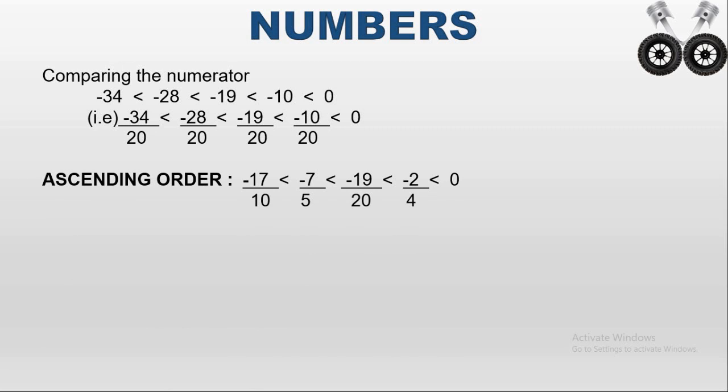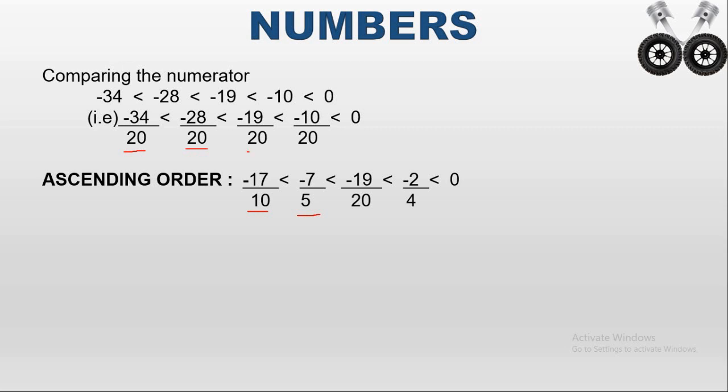So now we can write the ascending order. So ascending order means small to big. So the smallest rational number is minus 34 by 20. Instead of minus 34 by 20, I can write it as minus 17 by 10. So here minus 17 by 10 is equivalent to minus 34 by 20. Next, the second smallest number is minus 28 by 20. Instead of that, I can write it as minus 7 by 5.